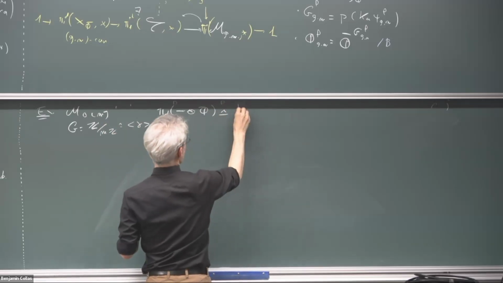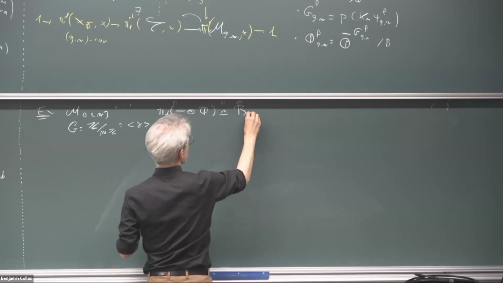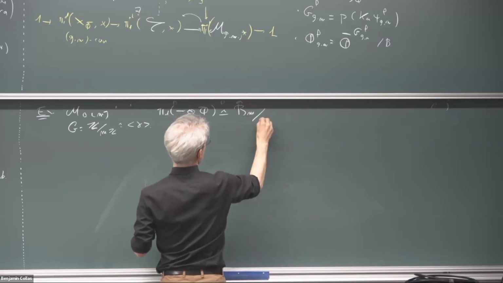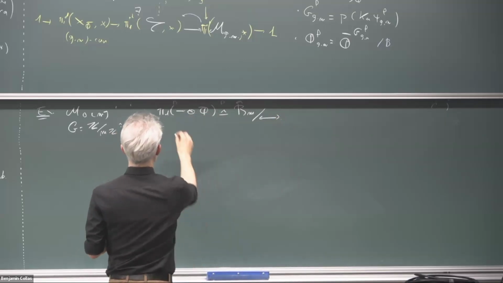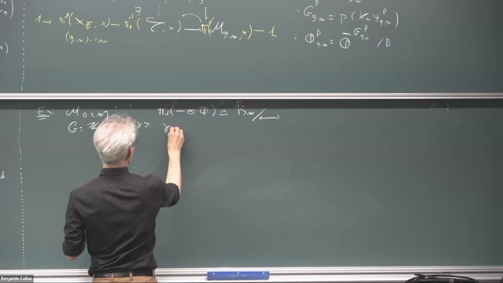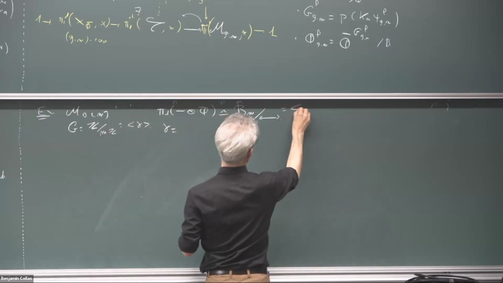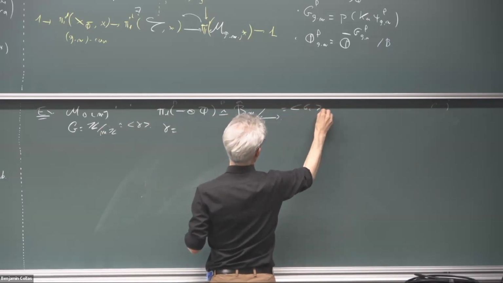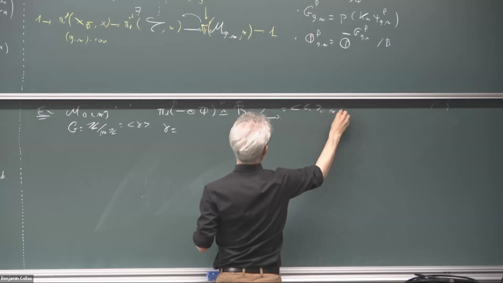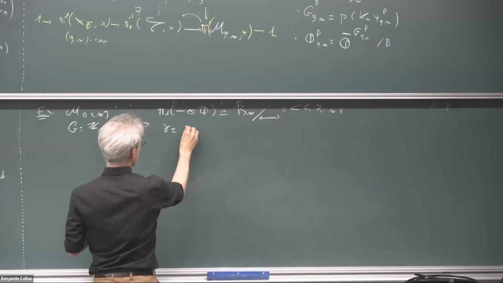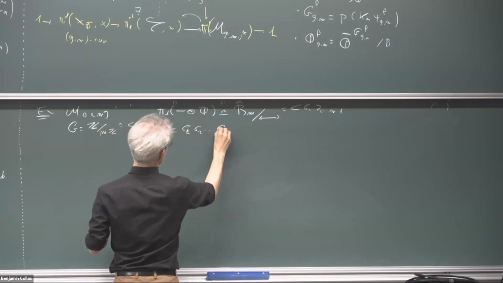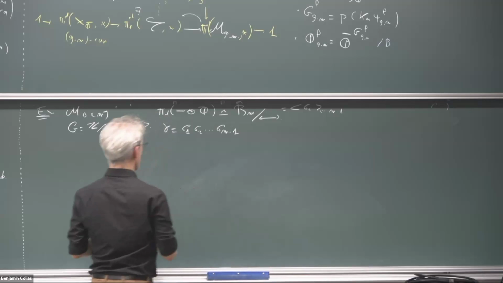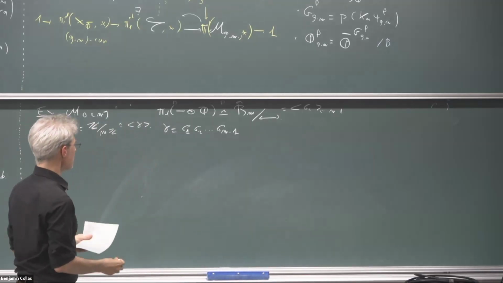We know that it is isomorphic to the profinite completion of the braid group with m strands quotiented by 2 relations, which I will not write. And this allows us to express this gamma. So these are generated by the classical generators. So this guy, you can compute that it's equal to sigma 1, sigma 2, and so on up to sigma m minus 1. So we have some explicit computation.